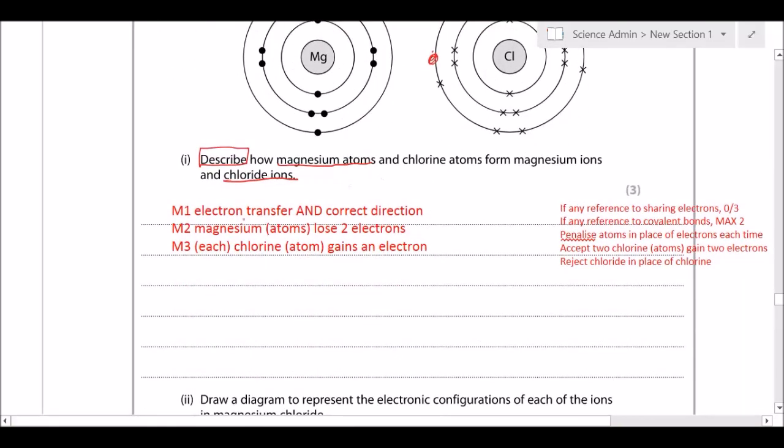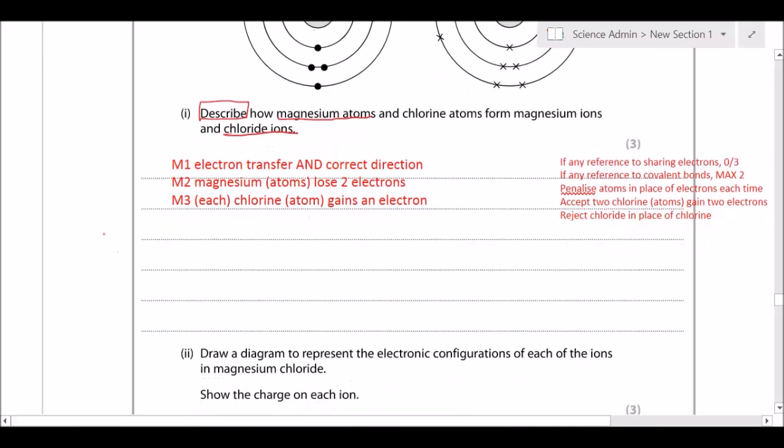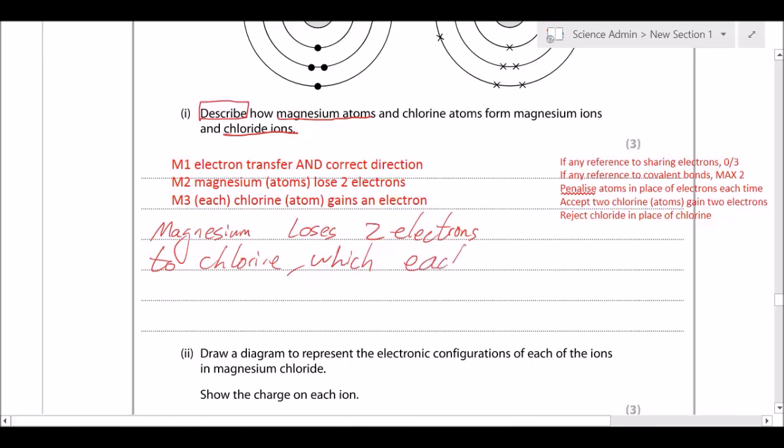Okay, so 1 mark was for electron transfer, the second mark is for magnesium atoms lose 2 electrons, and the third is for chlorine atoms gain electrons. So as a model answer, I would put magnesium loses 2 electrons to chlorine, which each gain 1 electron.